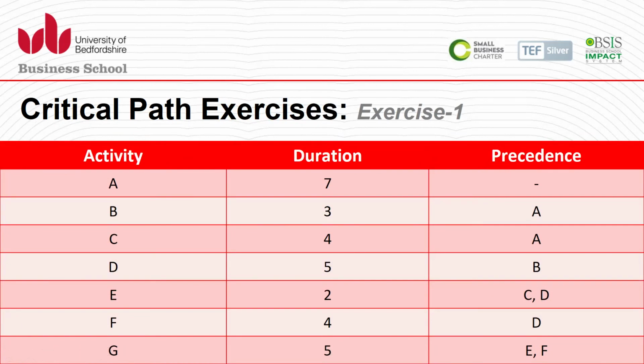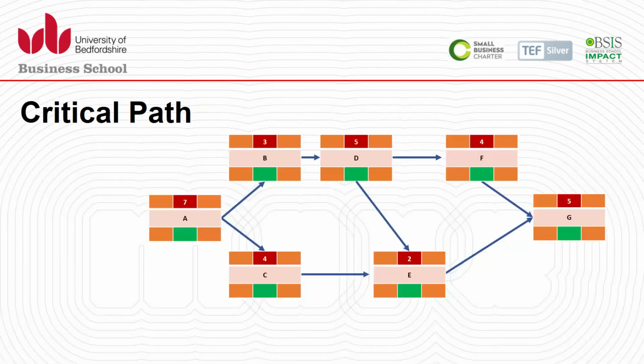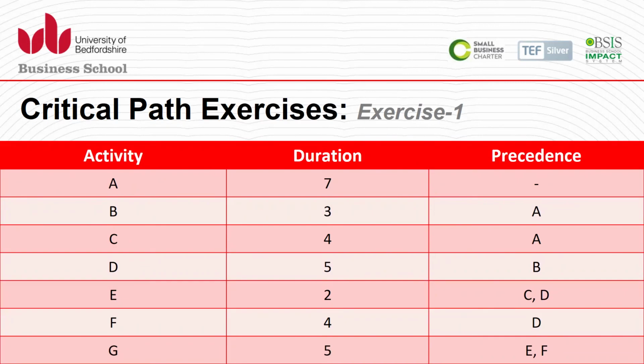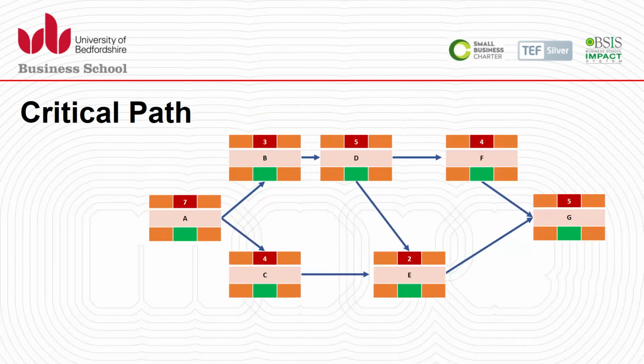So in this example, again you do the same exercise. You know the duration from the table, you know the precedent activity, you create the network diagram, and after creation of the network diagram, put the activity name and the duration and do the simple mathematics forward, backward, calculate early start, early finish, late start, late finish.